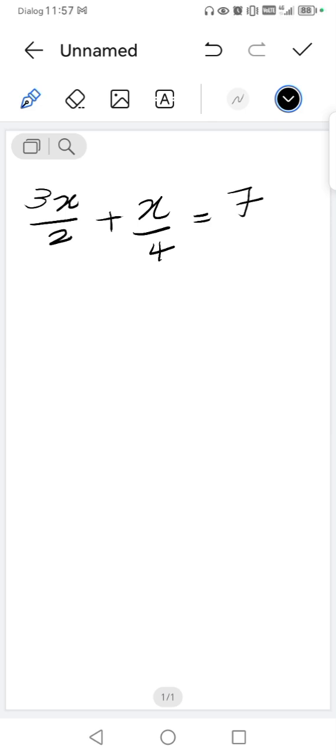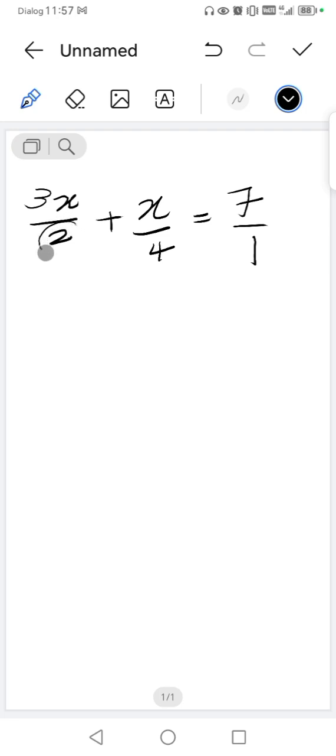Now this one is 3x by 2 plus x by 4. This one is something different. Here you see there are several fractions. This one is a fraction and this one is a fraction, but this one is not a fraction, so I'm changing it into a fraction. Now let us identify the denominators.